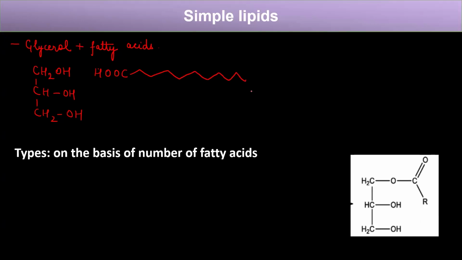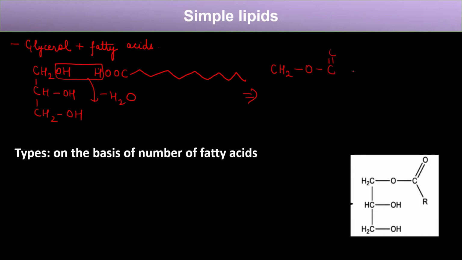Now what happens is this OH and this H form a bond and release a water molecule, right? And this leads to the formation of a bond.